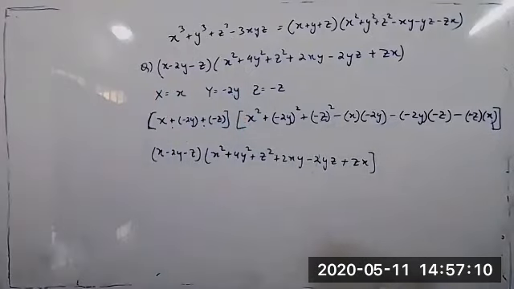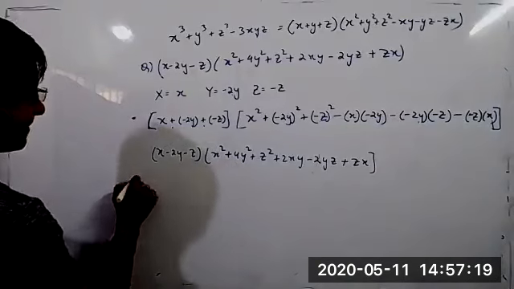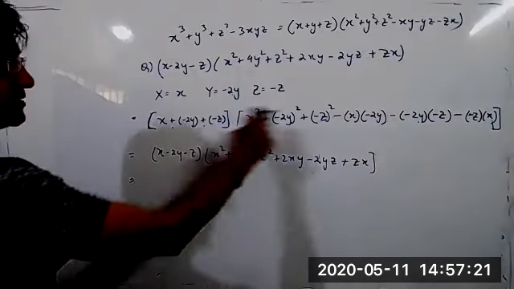All are equal. Is this equal to this? Any change? No. Yes, sir. So this statement what you have written is right. So this is in the form of this.